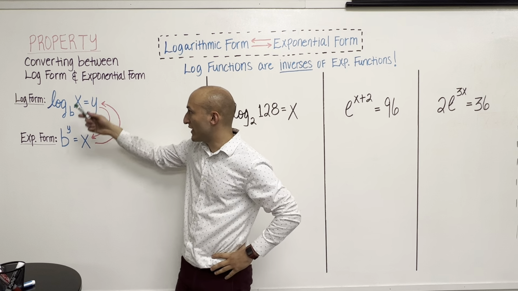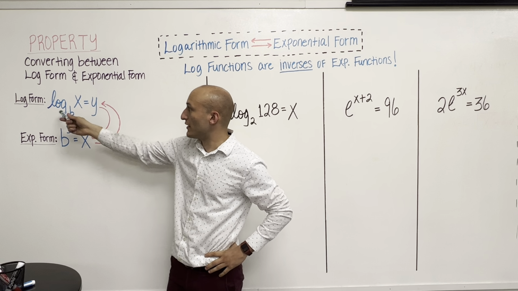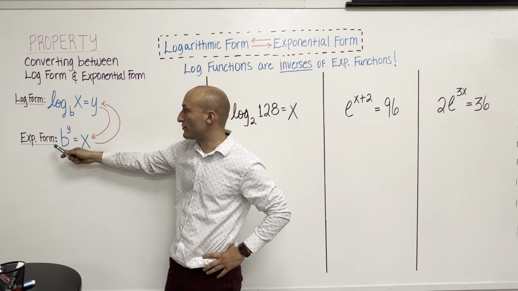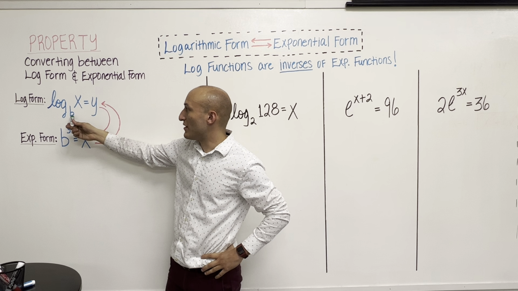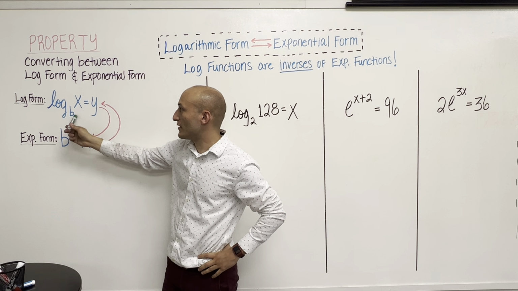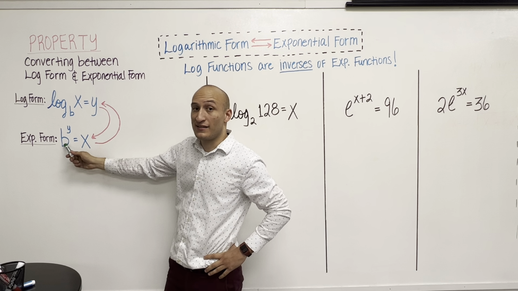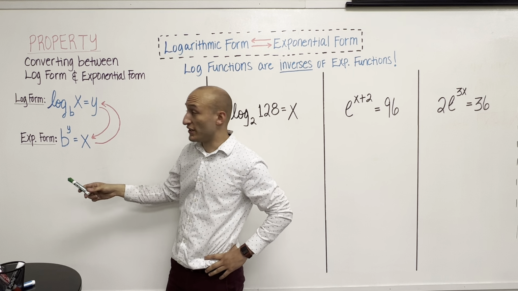If I'm given a logarithmic function like I have here, to change it to an exponential function, I'm going to grab the base of the log, which will now be the base for this exponential equation.